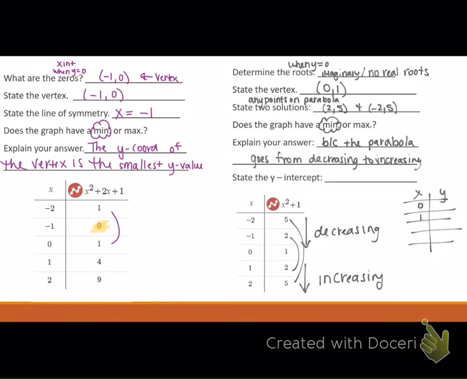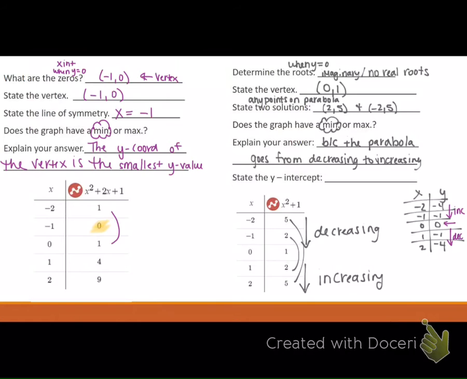If I were to give you this one, do you see how this one is increasing to decreasing? Increasing to decreasing creates a maximum. Also, this is the highest value. Do you see how 0 is bigger than any of the negatives? Do you see how that's different?